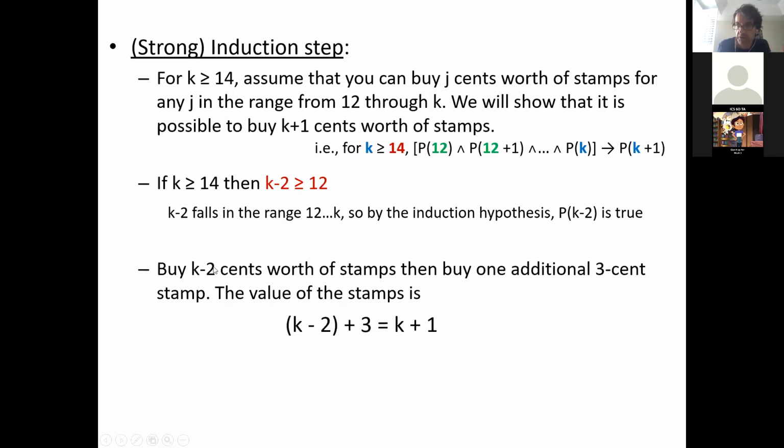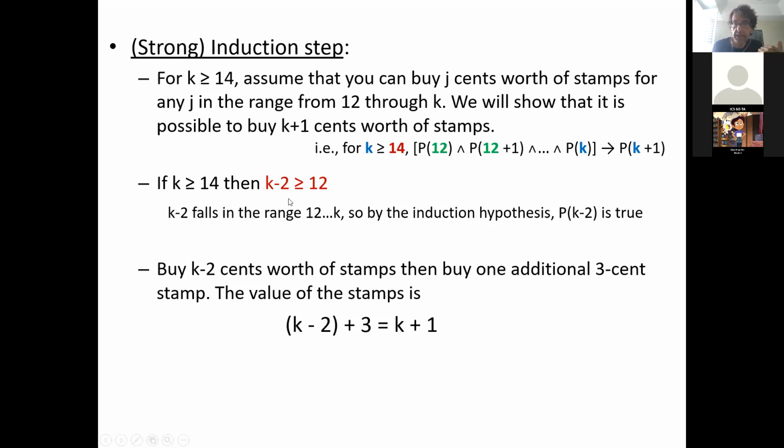I'm working backwards. I knew that I needed k plus 1. I guessed that if 3 cents less were expressible as a bunch of 3s and 7s, then of course this number, whatever it is, can be expressed as a bunch of 3s and 7s because you just add one more 3 to it.